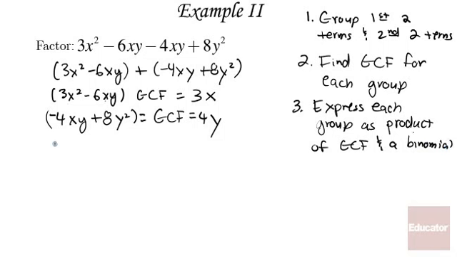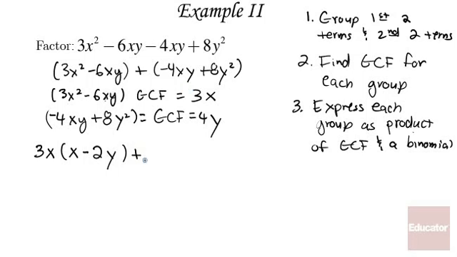So for this first one, my greatest common factor was 3x. That is going to leave behind only an x. If I pull 3x out of this, I'm going to get a negative 2y. And I can always check that by multiplication. 3x times x is 3x squared. 3x times 2y is negative 6xy.